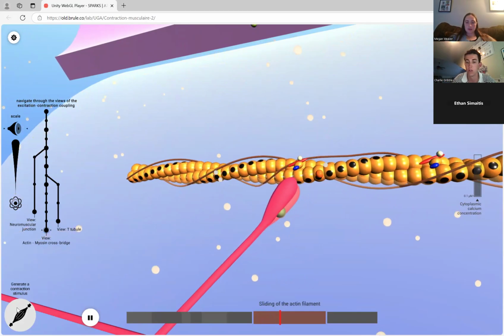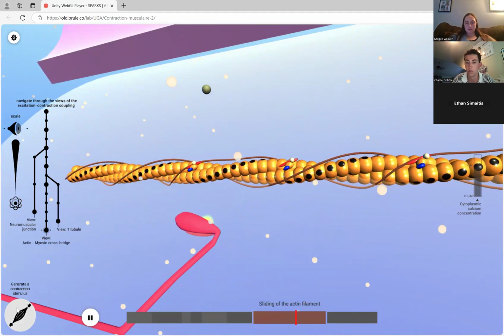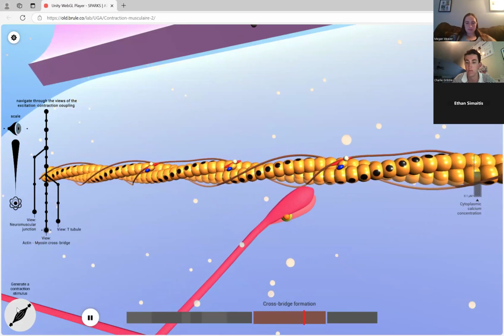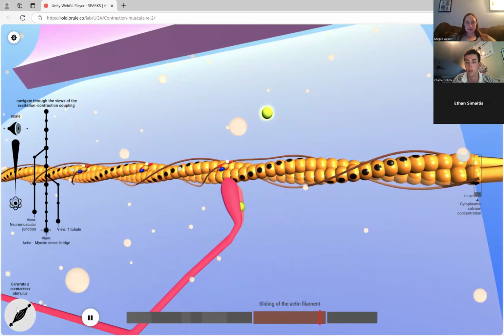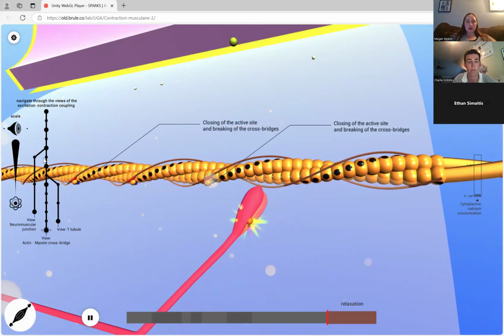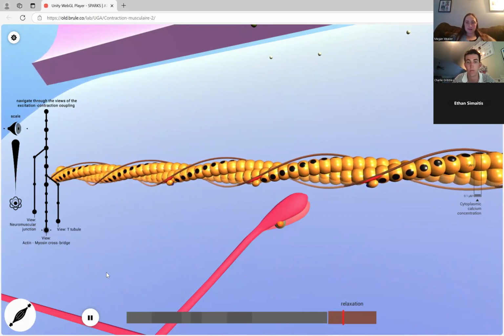Cross bridges are forming, sliding, releasing, forming, releasing, etc. And you can see it on all different levels, from the whole muscle all the way down to the very small part.